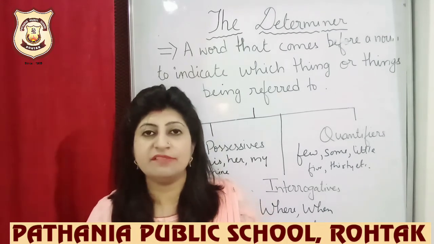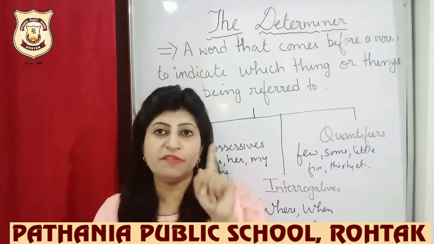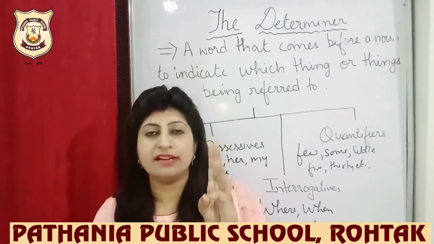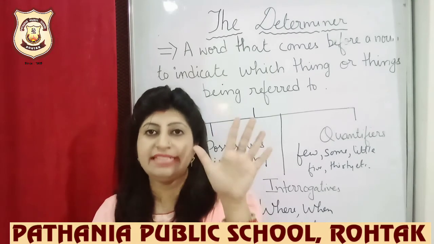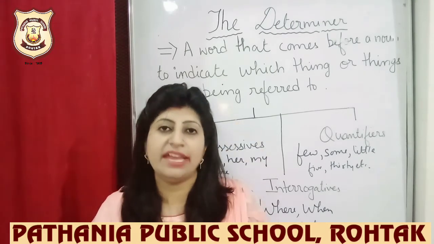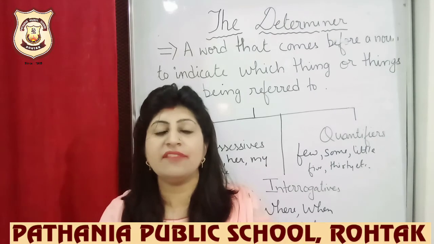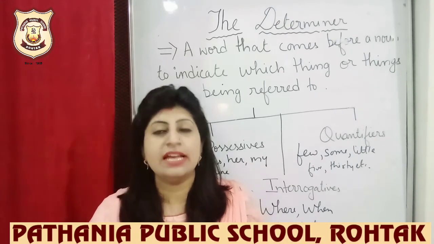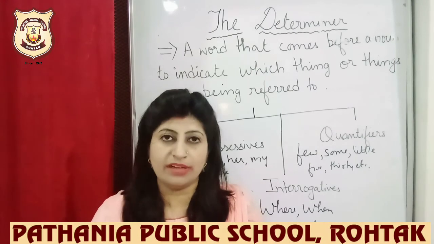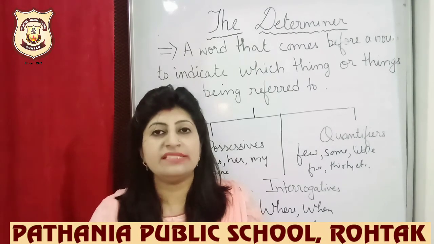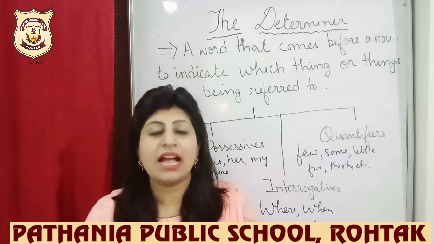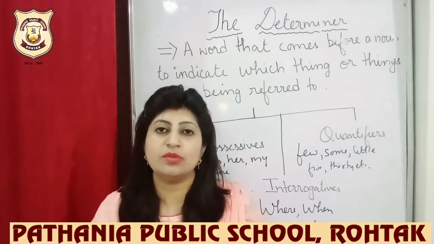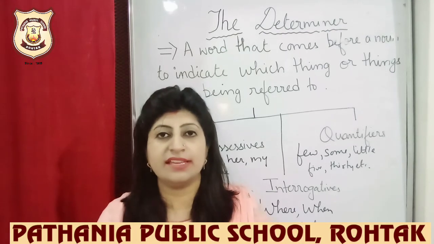Broadly, they can be classified under 5 heads: articles, possessives, quantifiers, demonstratives and interrogatives. Interrogatives are words for asking questions. Quantifiers measure quantity. Possessives show ownership. Articles are a, an and the, and demonstratives are words like this and that which we use to show something.